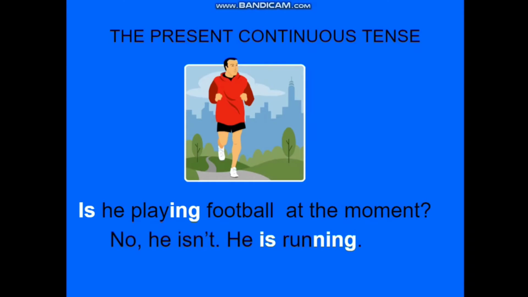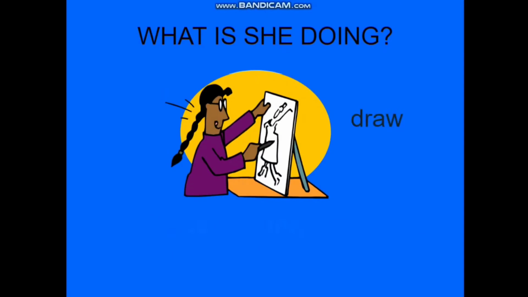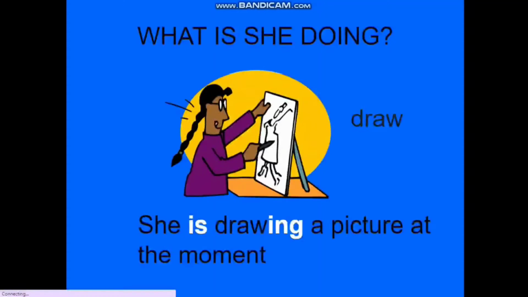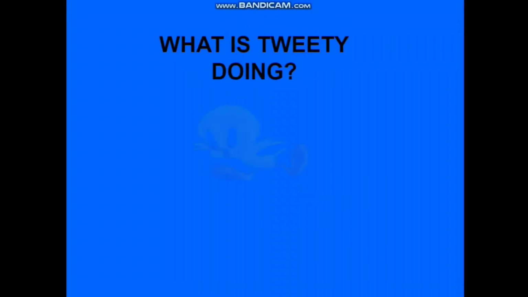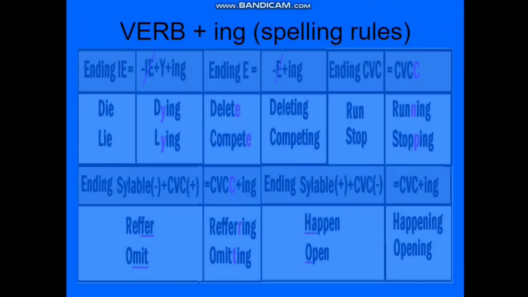He is just running. What is she doing? She is painting. She is drawing a picture at the moment. What is Tweety doing? It is flying. What is Javid doing? At the moment, he is playing football.